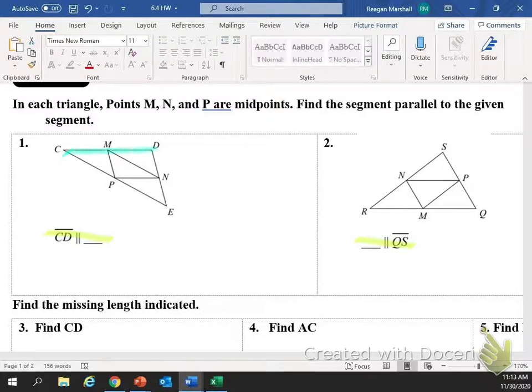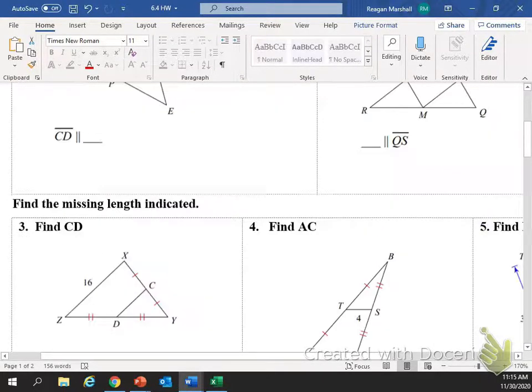So CD is parallel to what side, y'all? PN. So you'd write PN with the line above. QS is parallel to MN. Okay, notice how they don't intersect, and they never will.